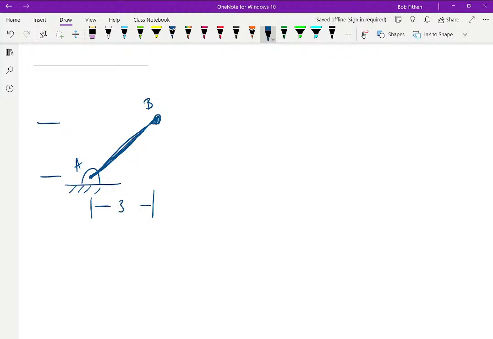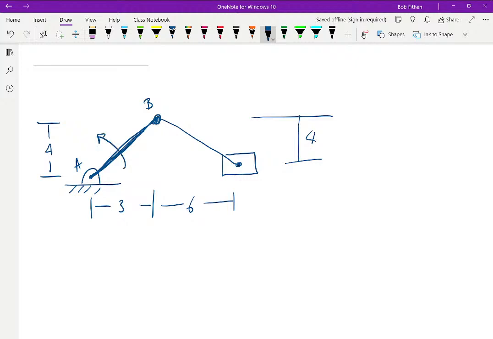I'm going to make that 4. I'm going to make this go down to a link right here, which again, that's going to be 4. And this one I'll say is 6. So let's say this thing is rotating with omega equaling, let's just say, 1 radian per second.